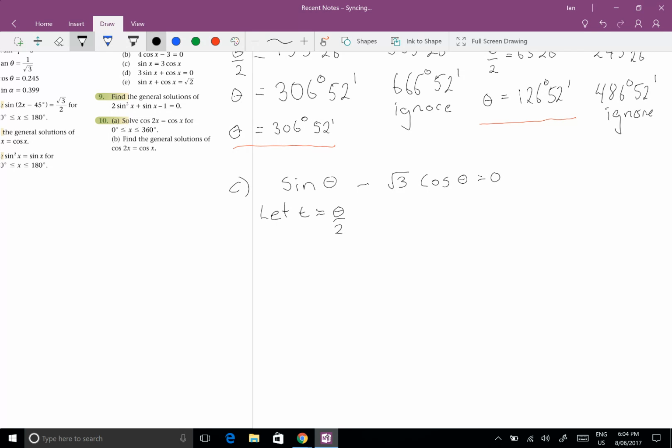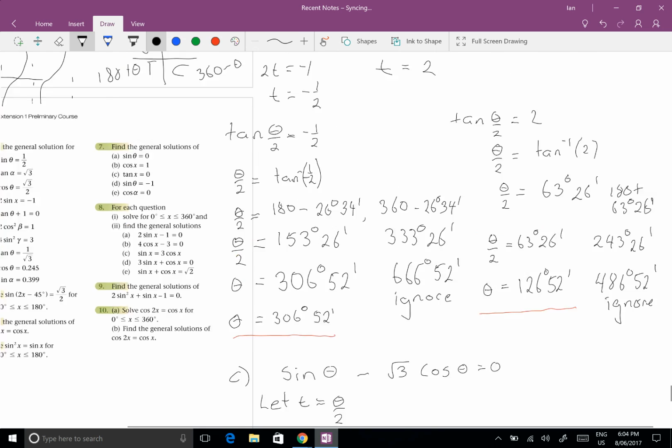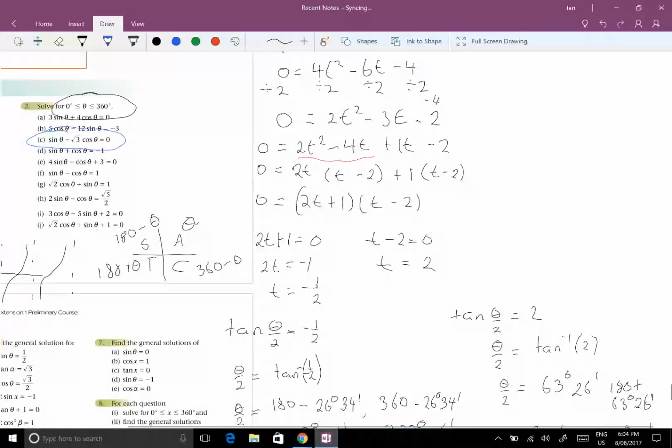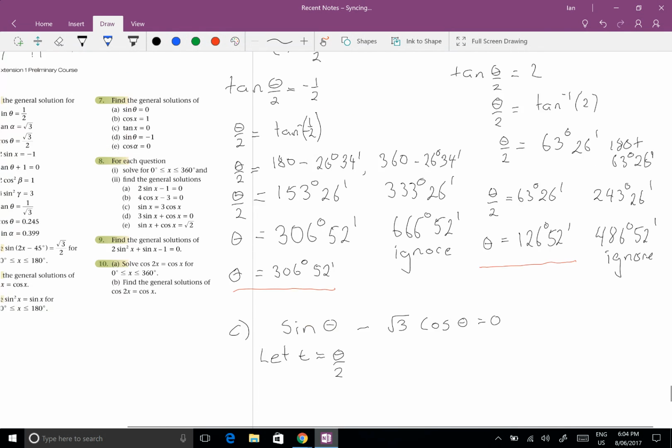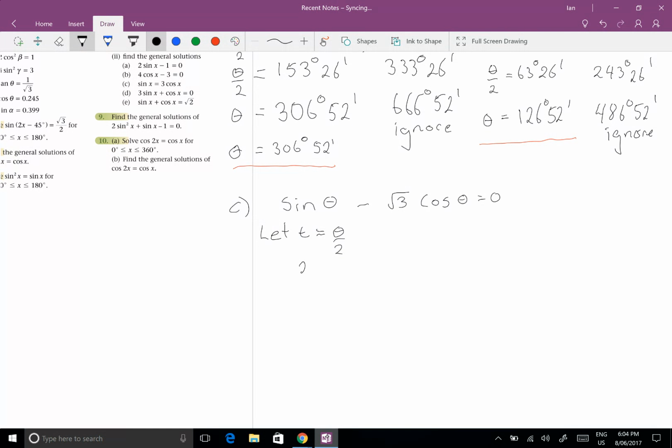Well, sine theta, what was that again? Luckily they give it to you. And here it is, 2t on 1 plus t squared. So 2t on 1 plus t squared minus root 3 times 1 minus t squared on 1 plus t squared equals 0.